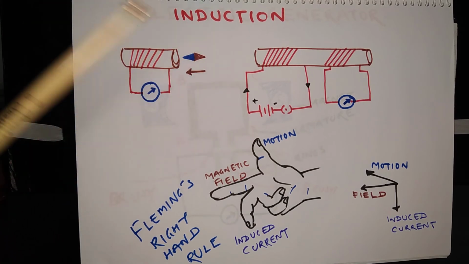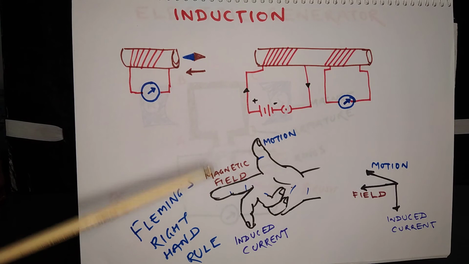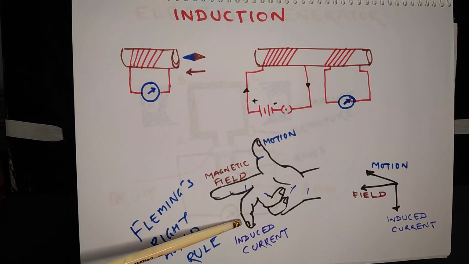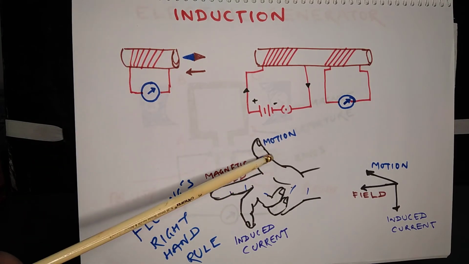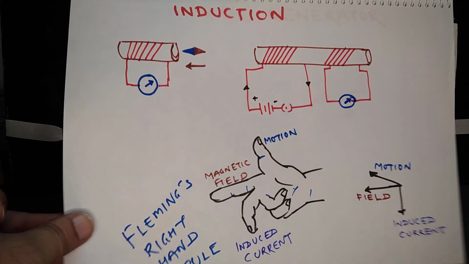What is similar in both the rules, the left hand rule and the right hand rule, is that in both the rules the index finger shows the direction of the magnetic field, the middle finger shows the direction of electric current, and the thumb shows the direction of motion.